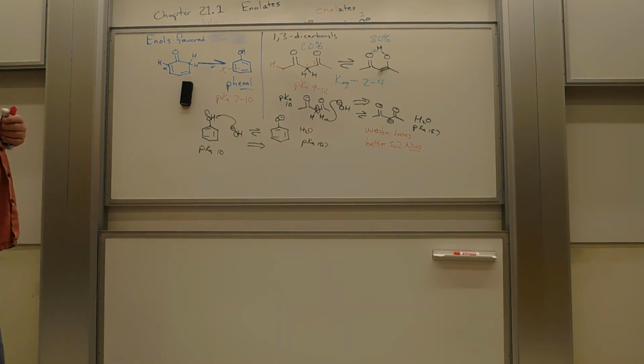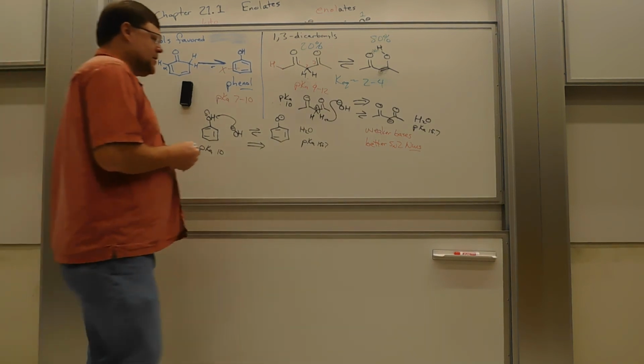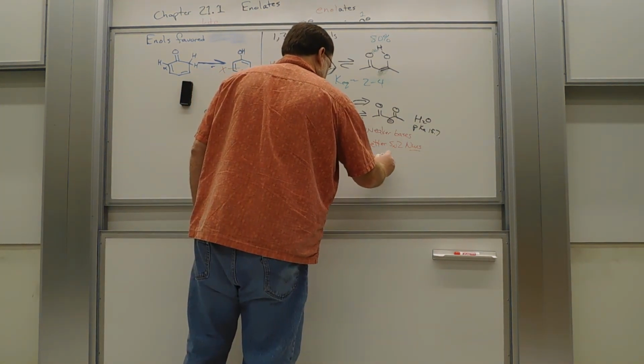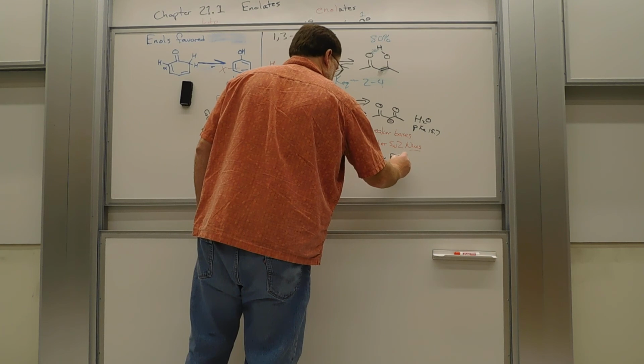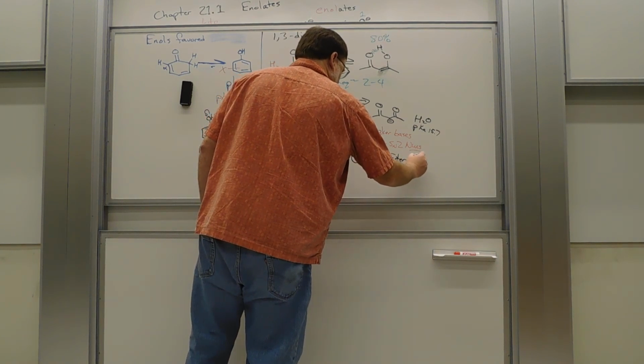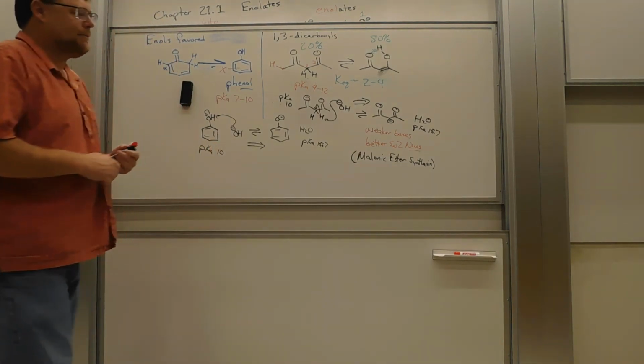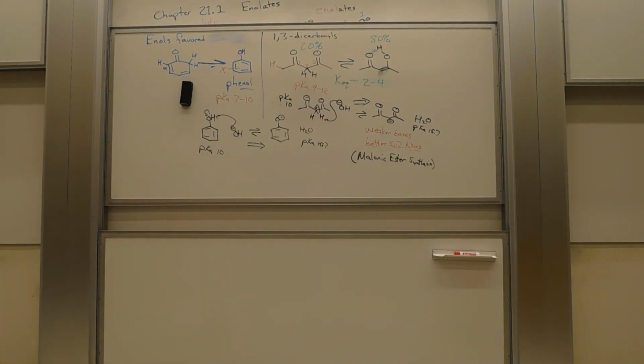And so those dicarbonyl enolates are really good nucleophiles in the SN2 reaction. And again, we'll see that in the malonic ester synthesis, malonic acid, acetoacetic ester, something like that. Okay, next we'll do some reactions.